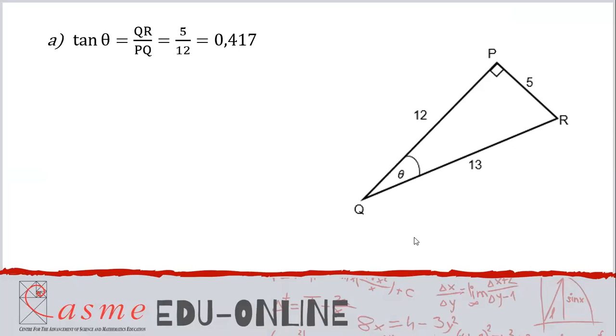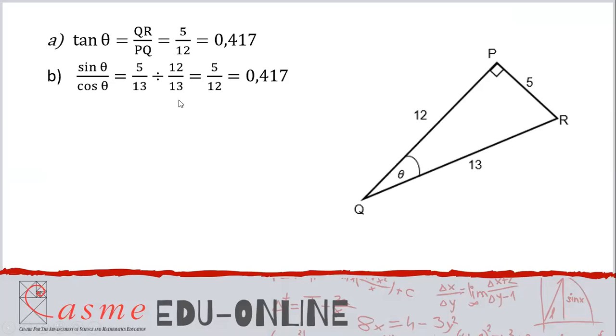Okay. The next one that we have to do was to calculate the sine of theta divided by the cosine of theta. What's important here is that before we work out what sine of theta divided by cos of theta is equal to, we've got to find the sine of theta.